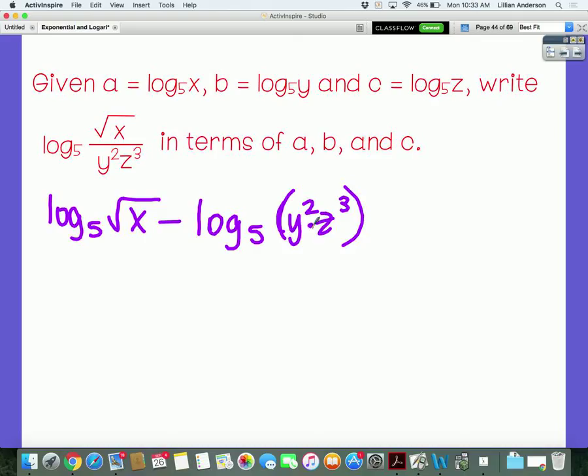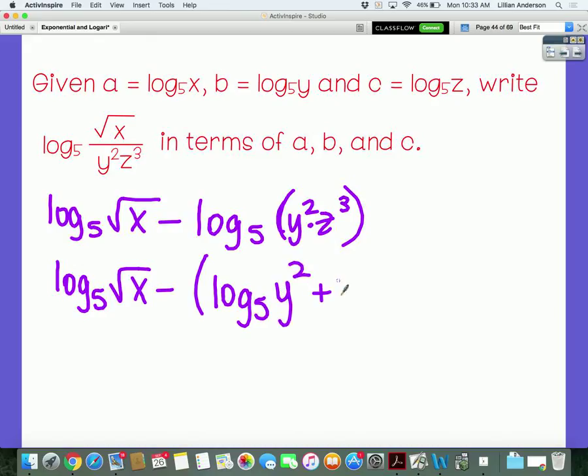And so whenever you have multiplication, that actually means addition. So it's going to be log 5 of y to the second plus log 5 of z to the third. And the reason why I put this in parentheses is because I'm subtracting that entire log. So that means that both of those things had to be in the denominator if I was going to condense it. Now the last thing to do is realize that the square root of x can be written as x to the 1/2.